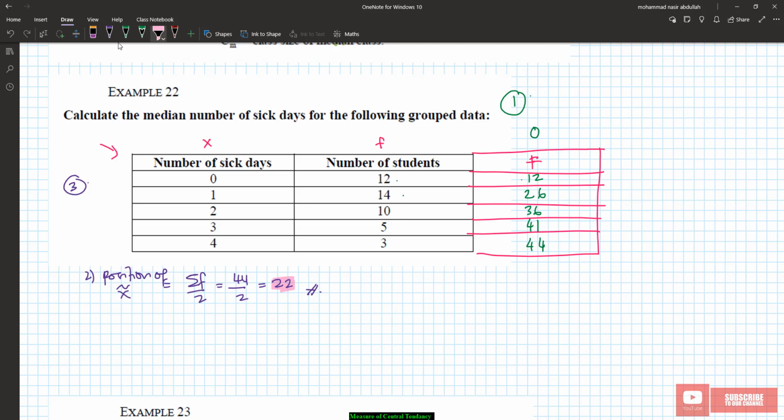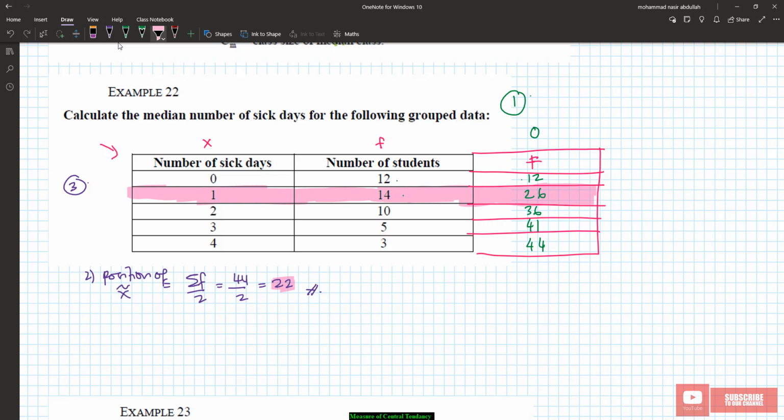So can we find 22 here in the cumulative frequency? We don't find it, right? So next greater is 26. Next greater than 22 is 26. So this is the median class.